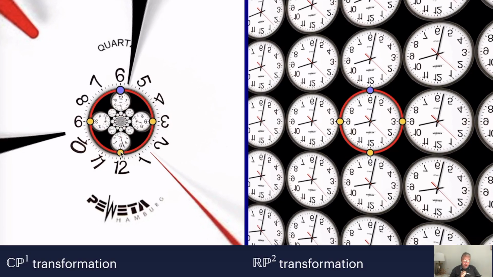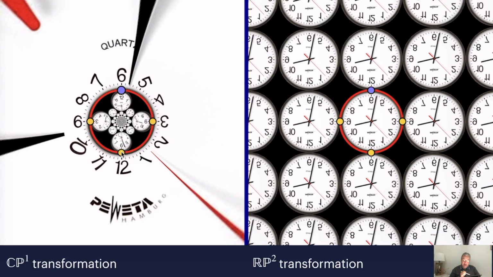What you see now is that in the picture of the real projective plane, things look almost as we had in the starting situation. Well, almost, but not really, because the entire image has been reflected at the x-axis. So all our numbers here are mirror images of the numbers that we saw so far.